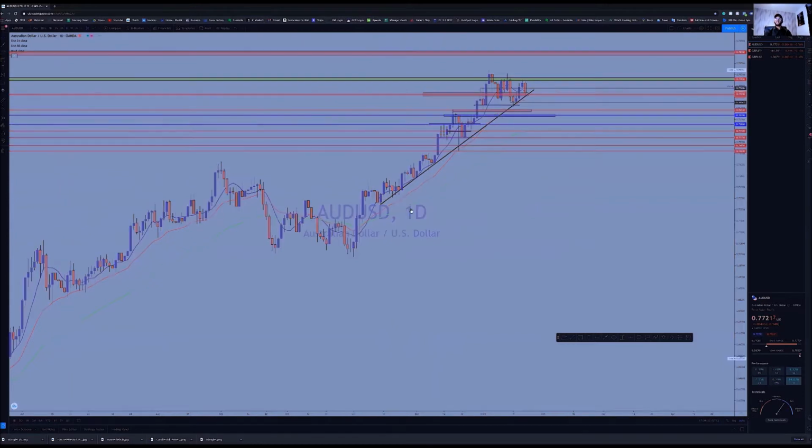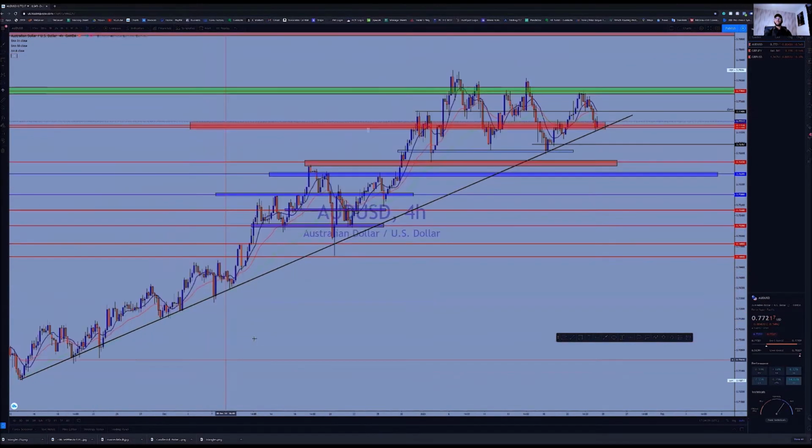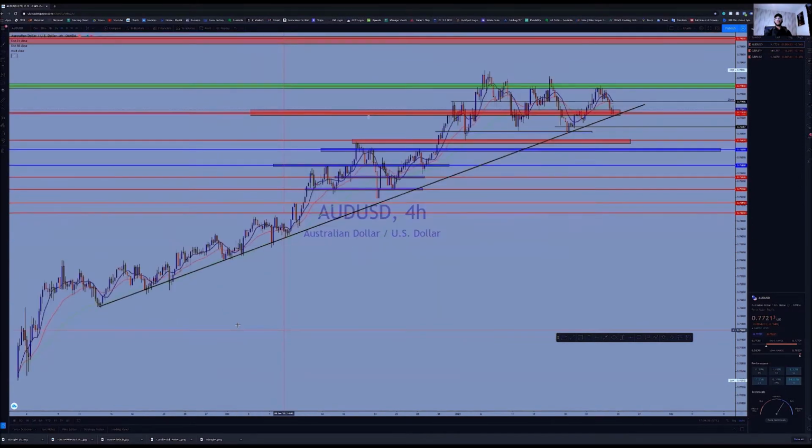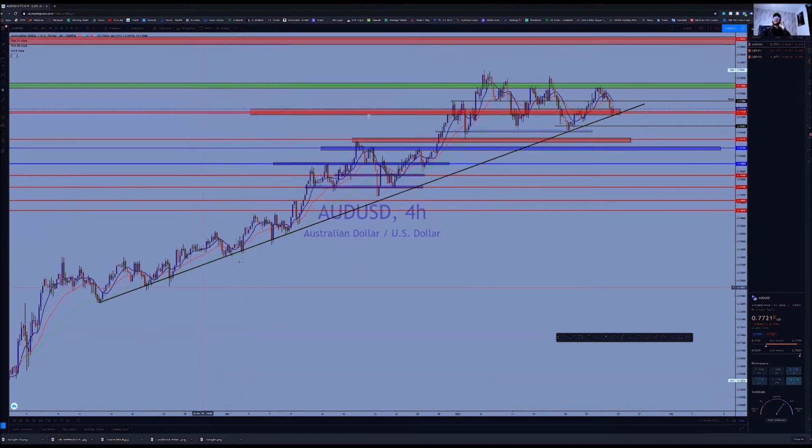I go down to my 4-hour time frame, and I know the entire trend. We are in an uptrend.